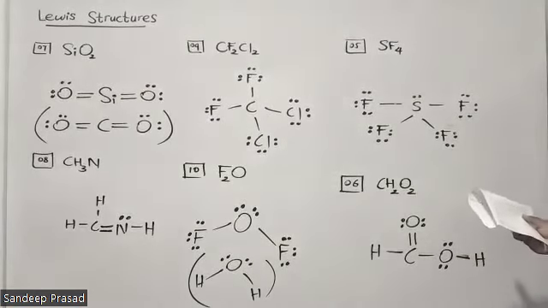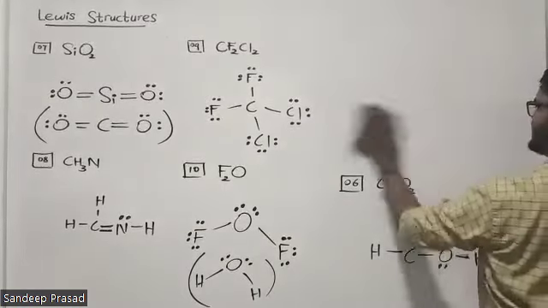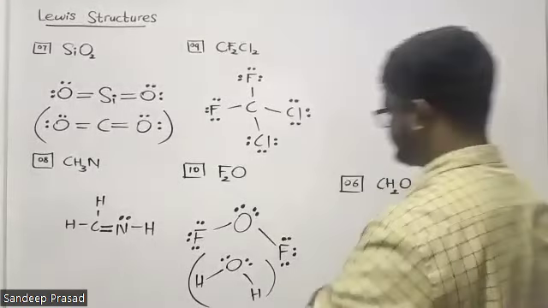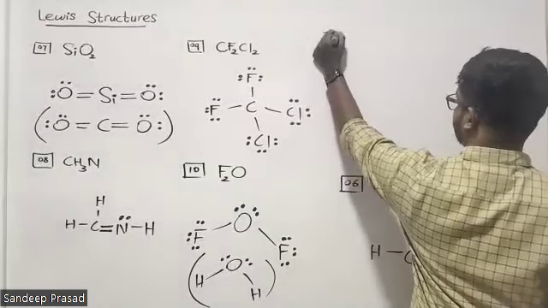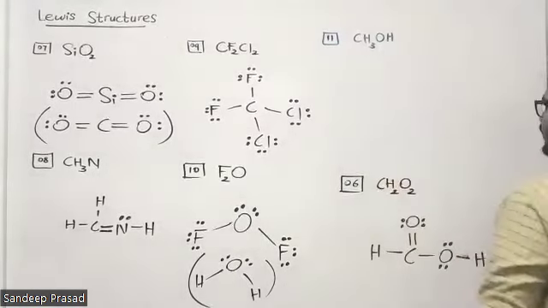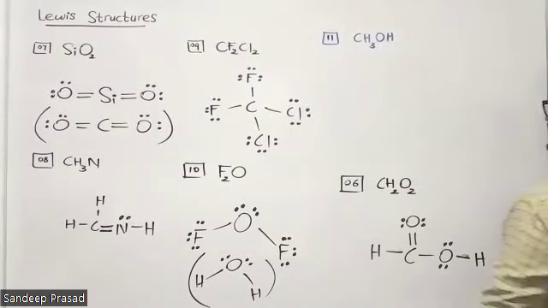Next one. Number 11. Number 11 is CH3OH. This is, students, methanol. This is an alcohol. We can consider CH3OH in this way.